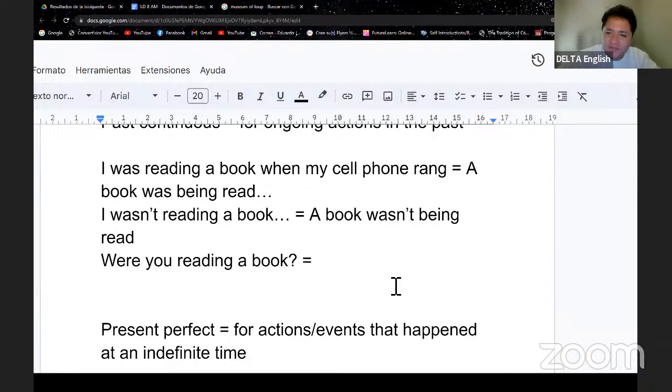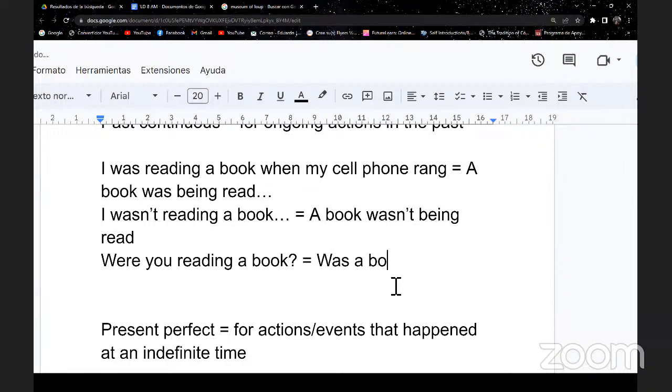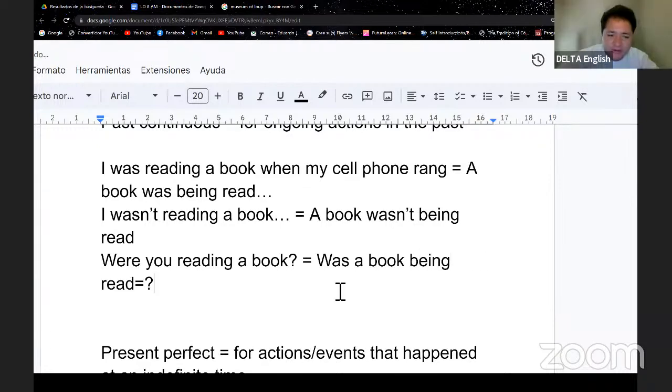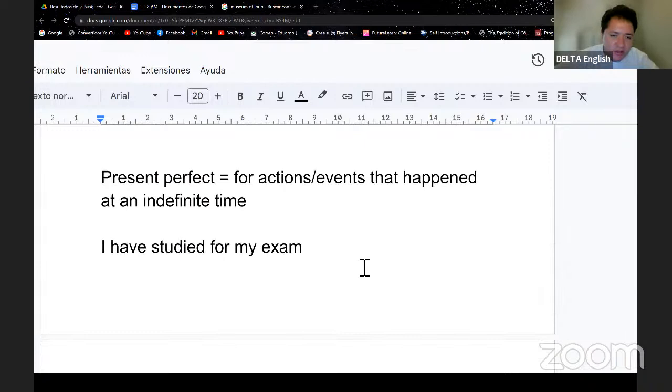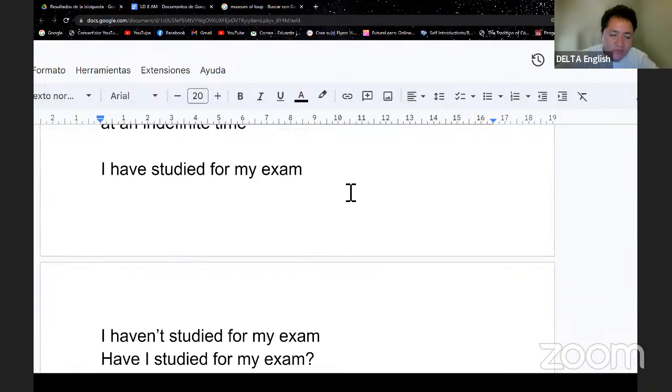Fernando, Nubia, Uriel, what do you think? Was a book being read? Excellent. Was a book being read? Correct. Here you use were because you're using it with you, and here you use was because you're using it with a book. Excellent. And now present perfect, I have studied for my exam.